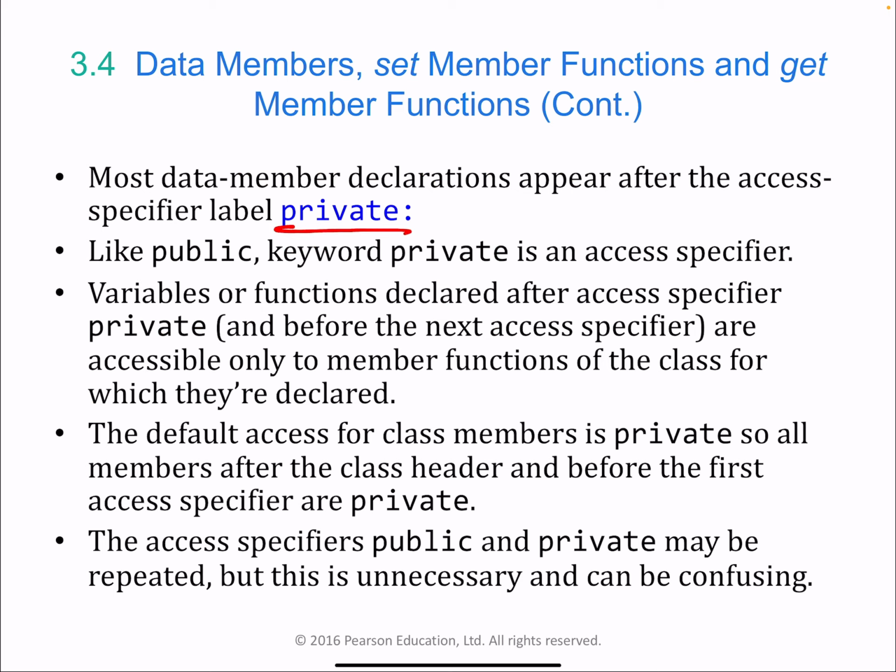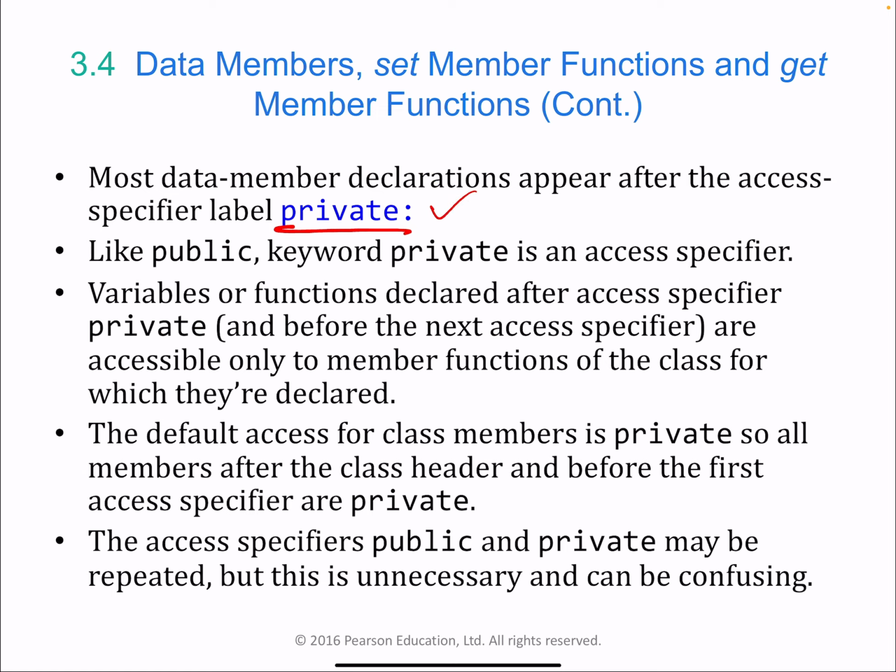So if you declare something private, you are basically limiting access to it to code that is inside, to functions and methods that belong to the class. By default, all the code that you start writing inside a class is private.